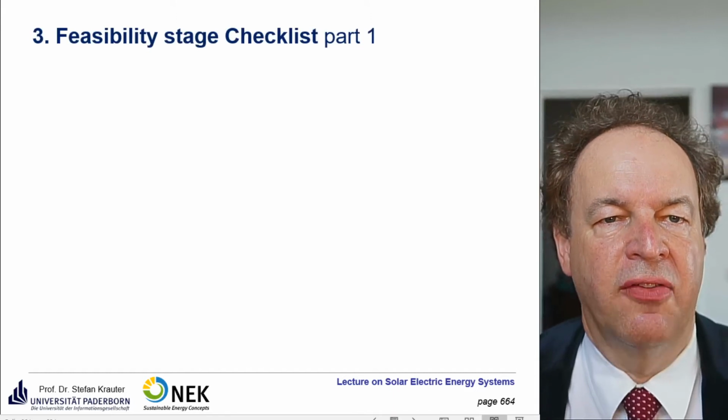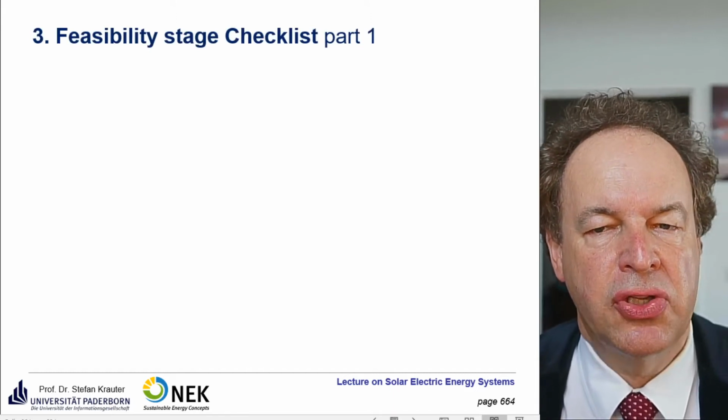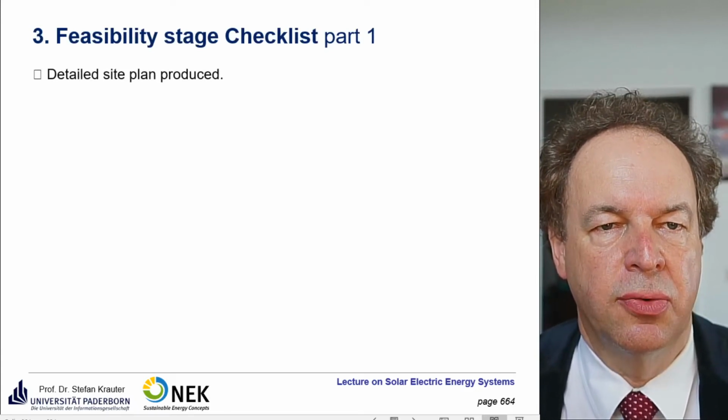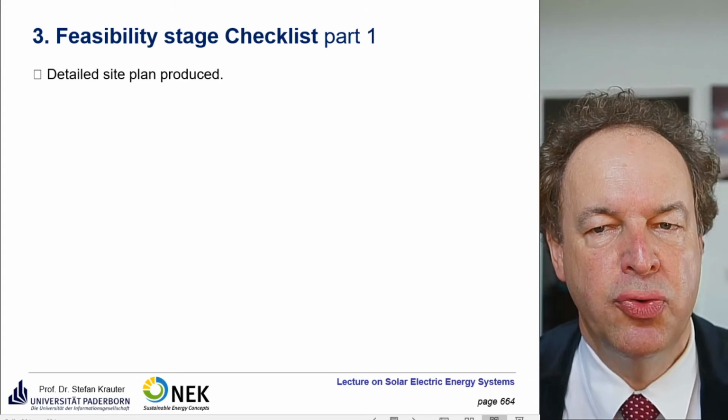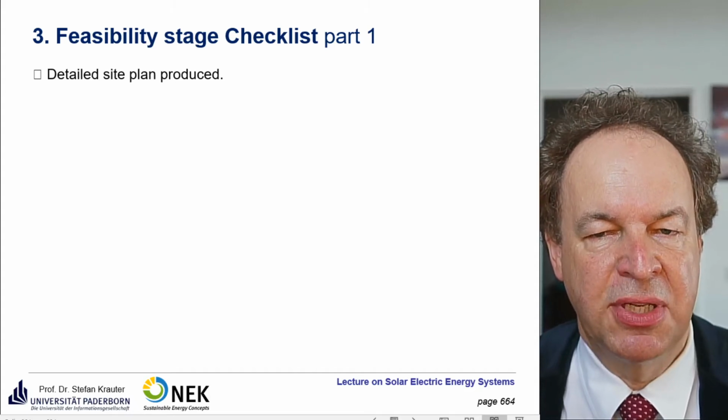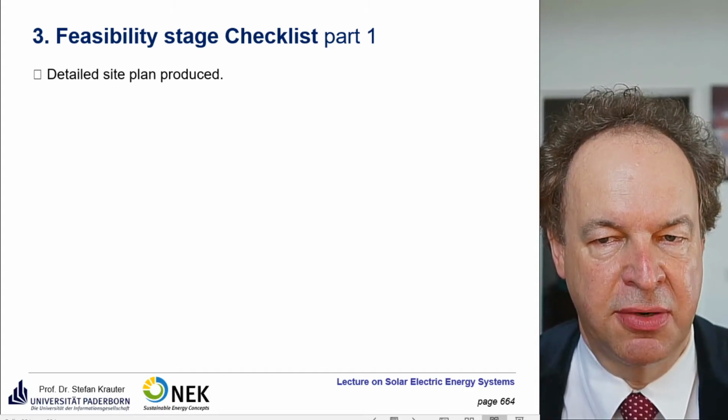Now we come to the feasibility stage. Here is another checklist, first part. You now have a detailed site plan produced. Usually it's quite easy if you have flat terrain. Sometimes it gets really cumbersome if you have hills on the terrain.